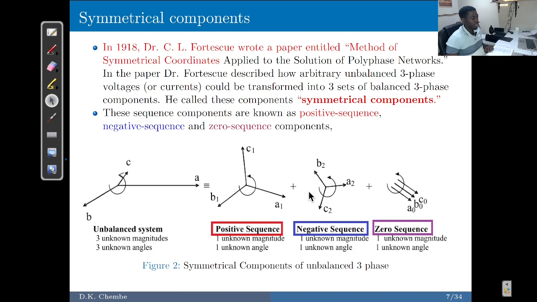But the negative sequence is almost the opposite between the A and C phase, and then the zero sequence has got zero angles, as we shall see in the next slide.